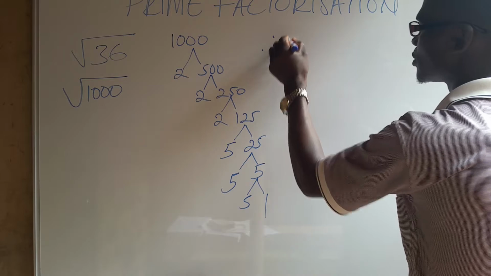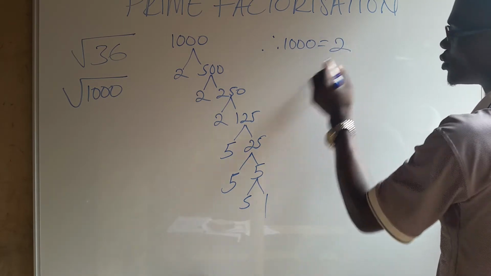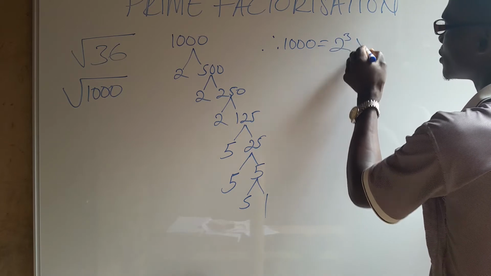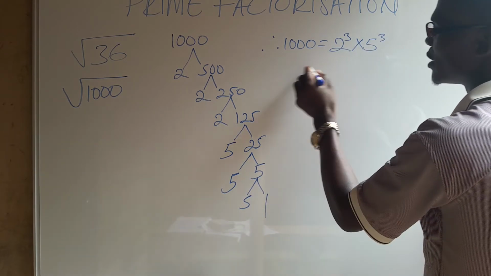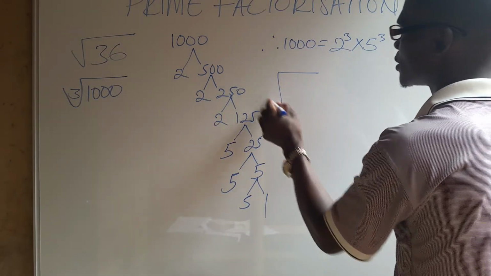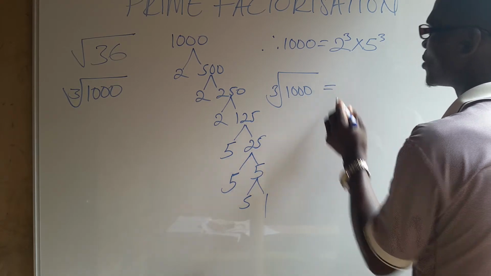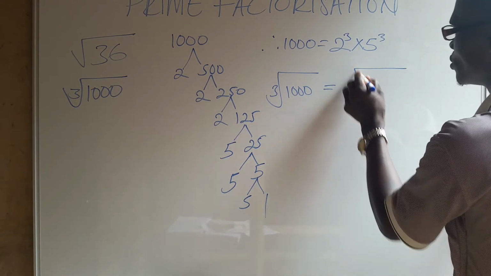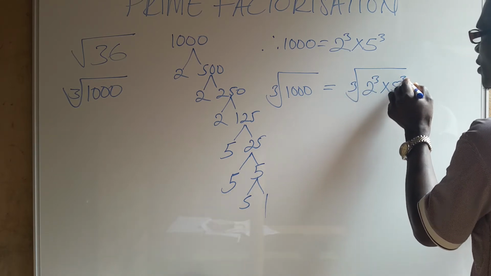Therefore, 1000 is the same as 2 power 3 times 5 power 3. And the cube root of 1000 is given by the cube root of 2 power 3 times 5 power 3.